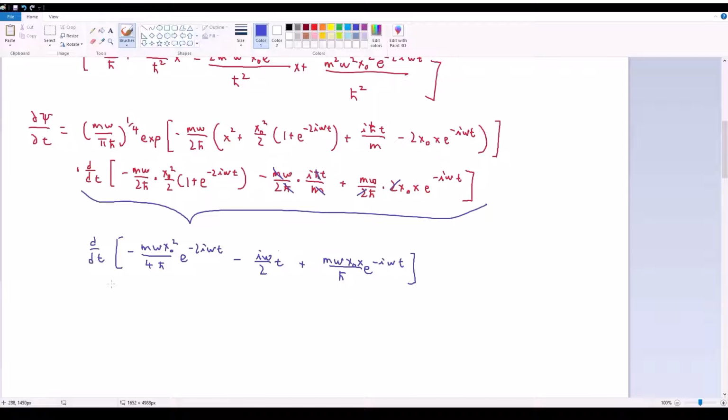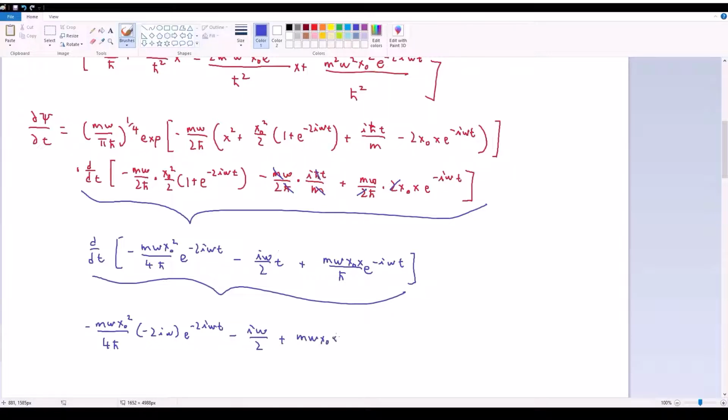Okay, and then if we differentiate this, it's going to give us negative m omega x naught squared over 4 h bar multiplied by negative 2i omega times e to the negative 2i omega t, minus i omega over 2, plus m omega x naught x over h bar multiplied by a negative i omega times e to the negative i omega t.